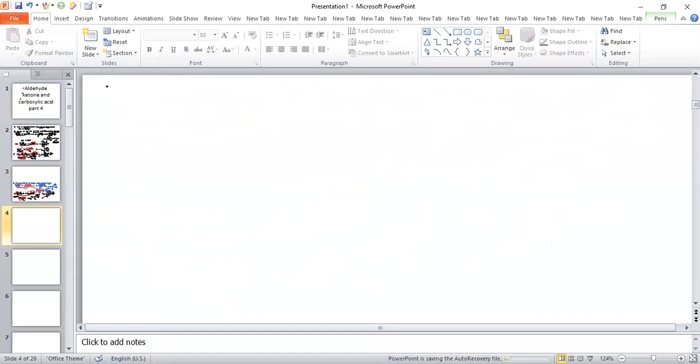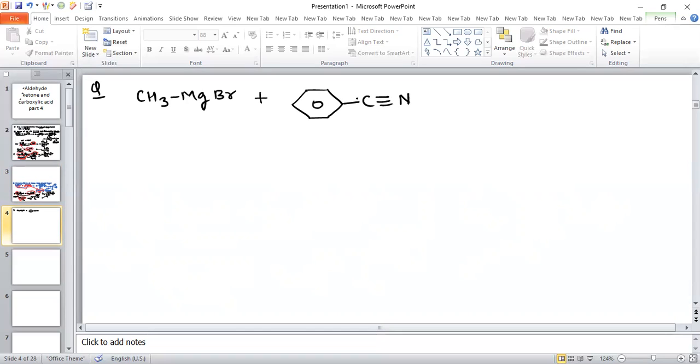The question is basically like, it is CH3MgBr, and the reaction of CH3MgBr with this group, benzene with C triple bond N.